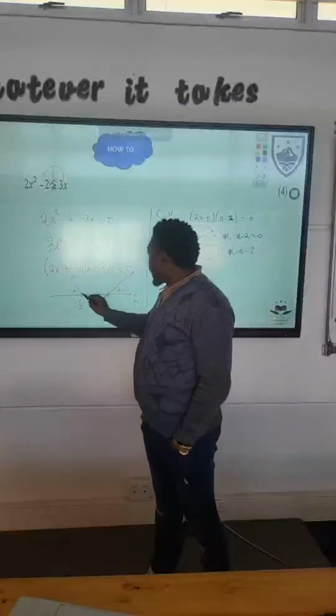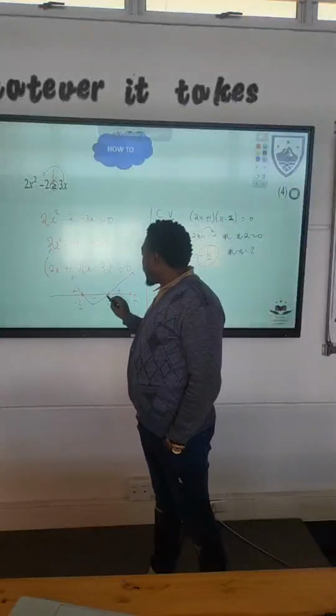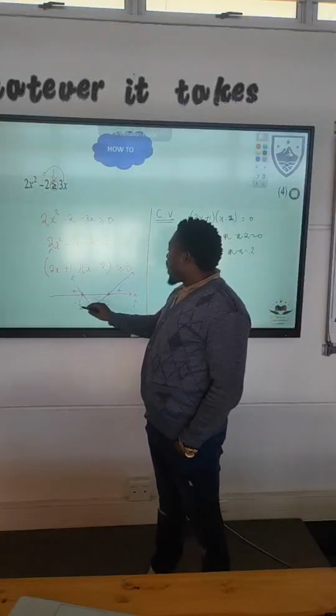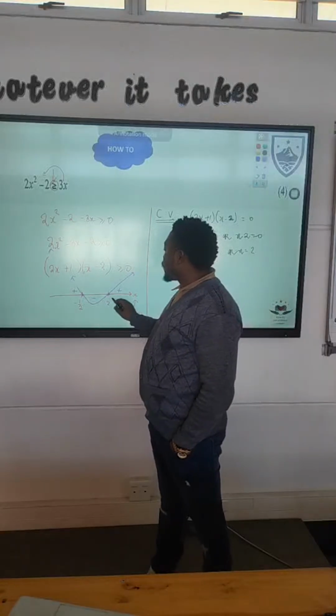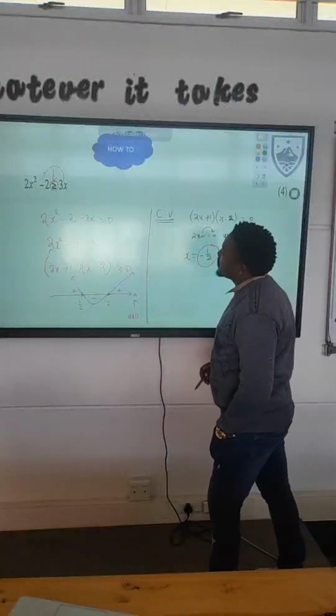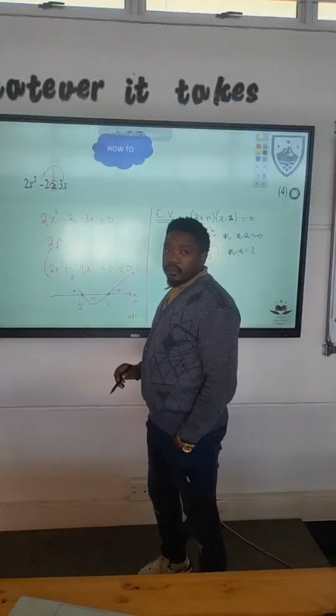Knowing very well that here they will be equal to 0, so it's included. Our solution must include negative half and 2. That's where our function is actually equal to 0.